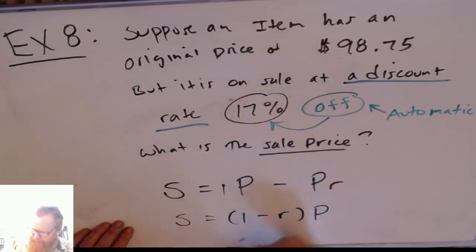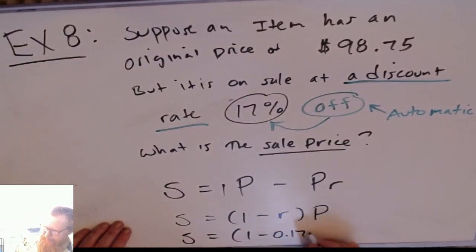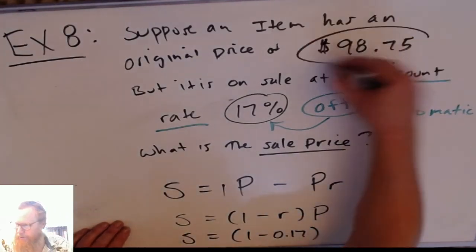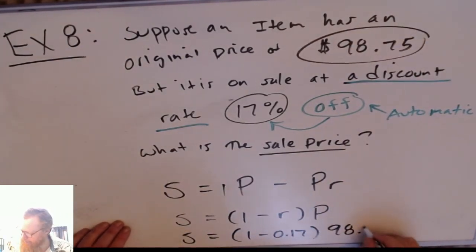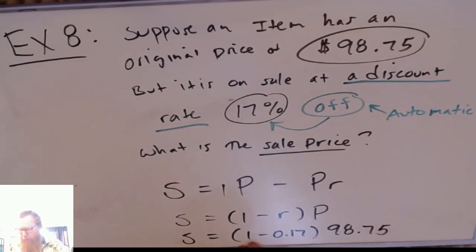Your R is 17%, and your original price is $98.75. You can do this with mental math, right? 1 minus 17% is 83%.